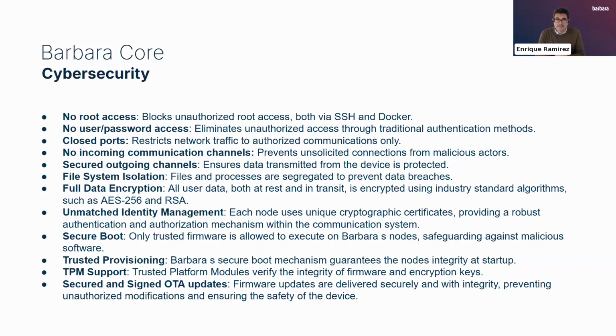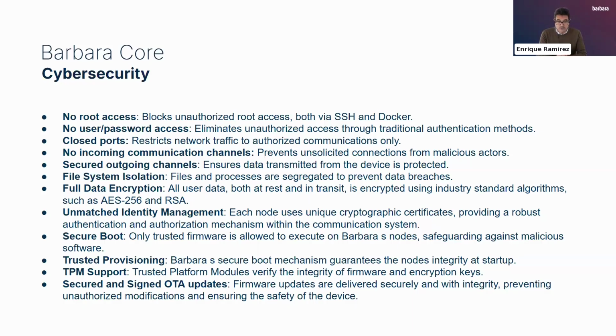You cannot access the device using SSH, using any other kind of protocol, not even Docker, using root access. We also don't have any user password access, so we eliminate access using traditional authentication methods. You cannot get into our machines using this kind of methods.